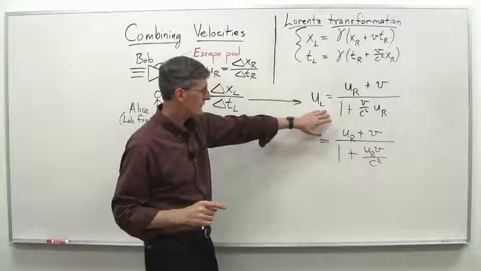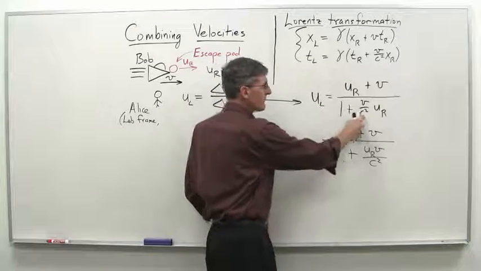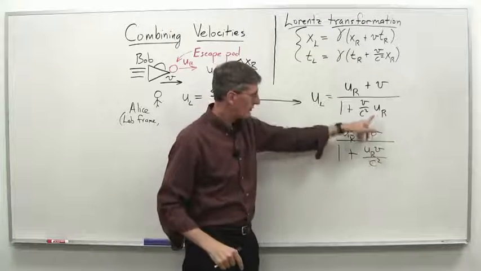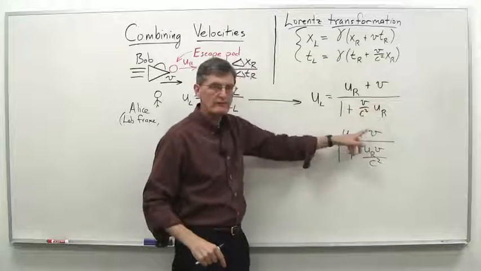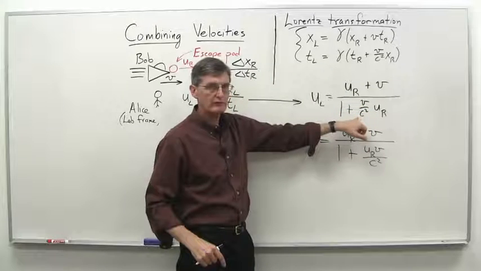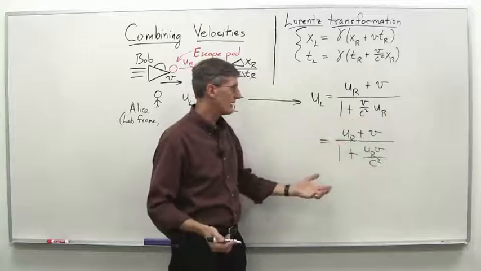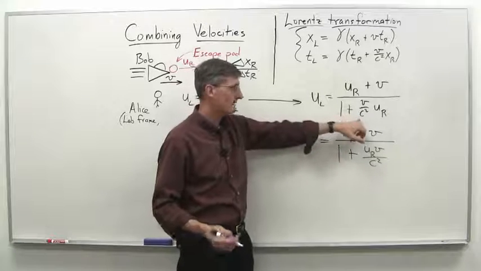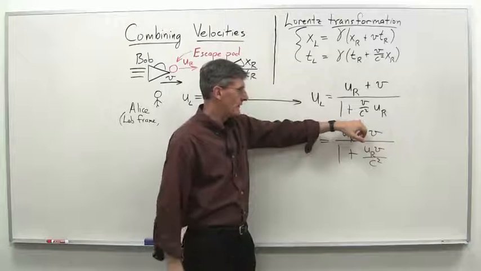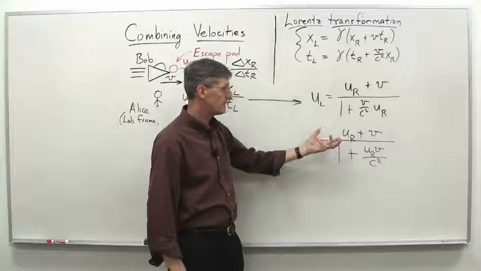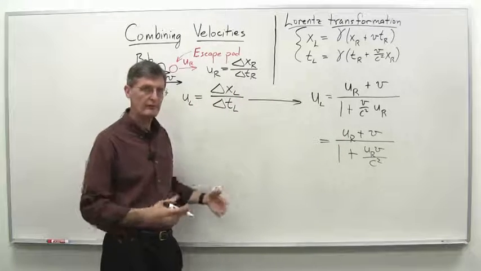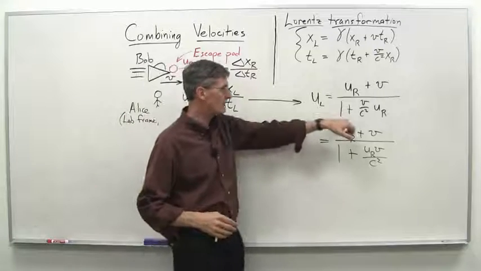And note what is down here. We've got a 1 plus v u sub r over c squared factor. Note that this factor is going to be very small unless both v and u sub r are pretty close to the speed of light. Under normal circumstances, here I've got 1 plus 0.00000, a whole bunch of zeros, 15 or so. And therefore, in real life, even though this relativistic effect really is true, if we could measure that precisely, in real life we don't notice it.